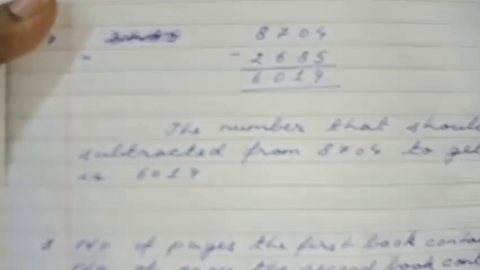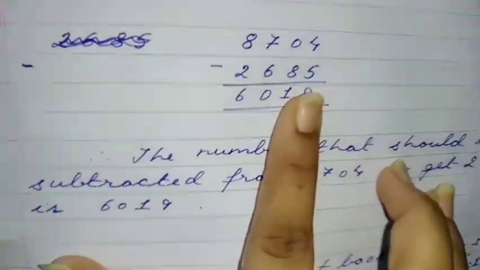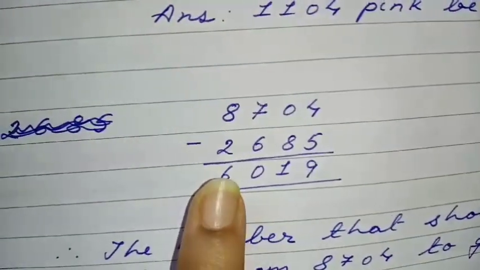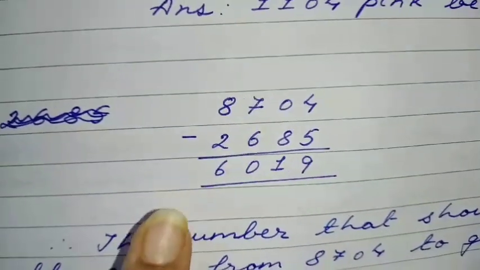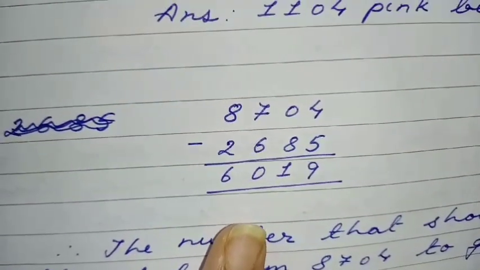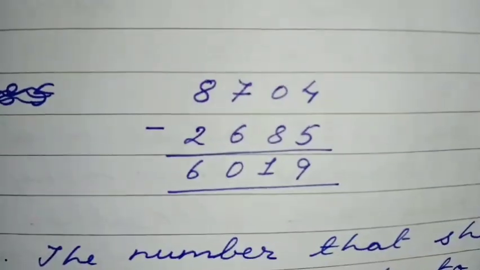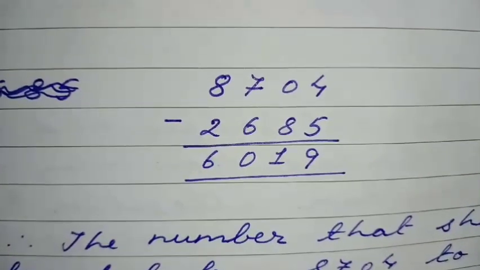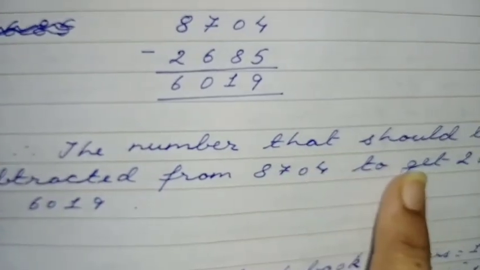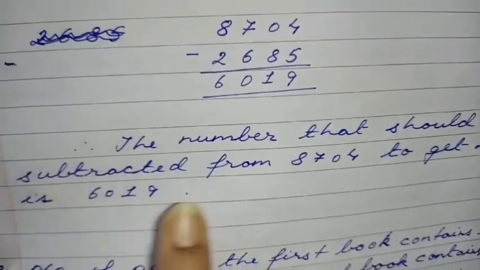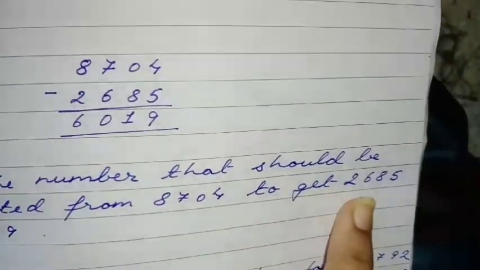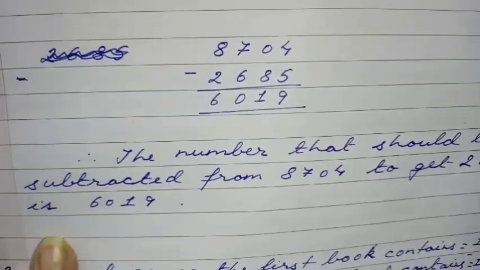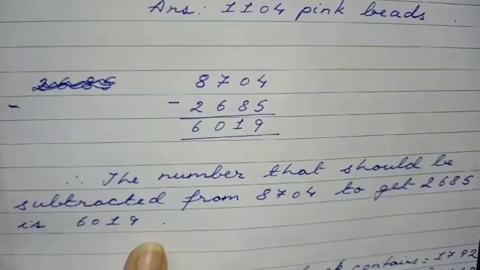Very easy, very simple. We only have to subtract. 8704 minus 2685. When you subtract, you will get 6019. And then you are going to write the answer in this way. The number that should be subtracted from 8704 to get 2685 is 6019.